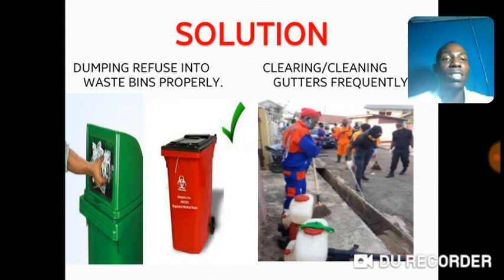to prevent flooding. Another solution is clearing or cleaning gutters frequently. When we always develop the habit of checking and cleaning gutters in our community, it will prevent our gutters from being choked, and this will also go a long way to check flooding in our communities.